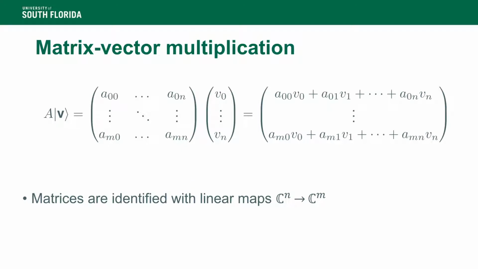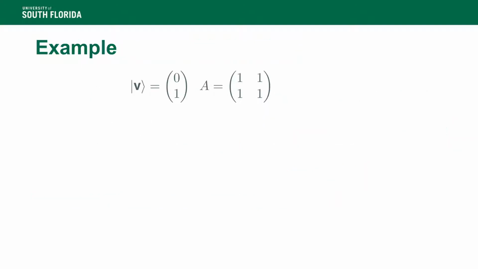The matrix-vector multiplication is just an extension of the matrix multiplication procedure, where the column vector is considered as an n by 1 matrix. This is also a linear map from C^n to C^m, where we associate to the vector v the vector A times v.